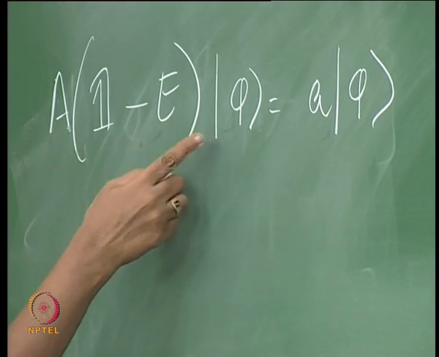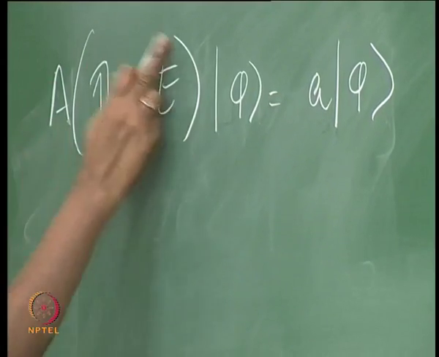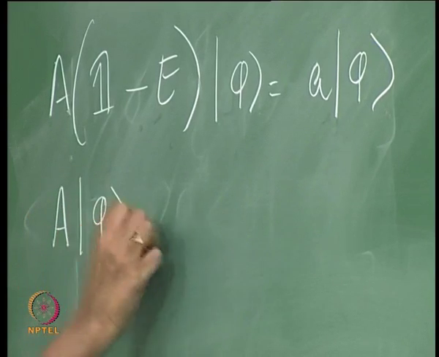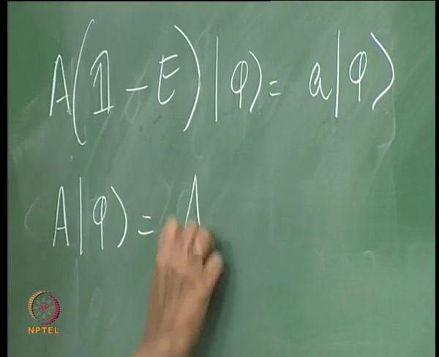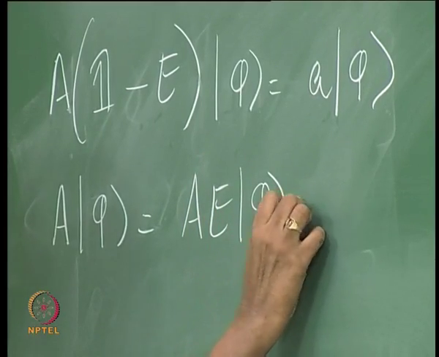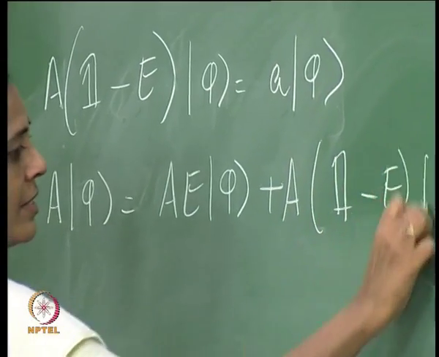But this object, therefore phi is an eigenvector corresponding to this operator. Now consider A phi. A phi can well be written as A E phi plus A times identity minus E phi.